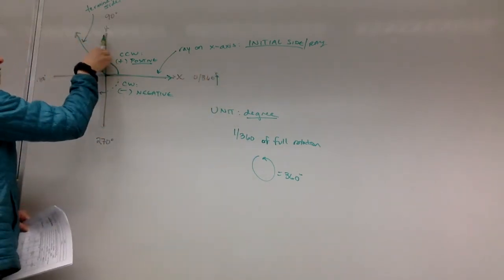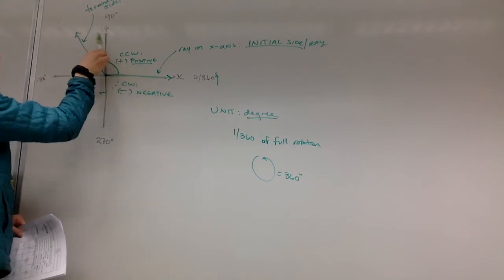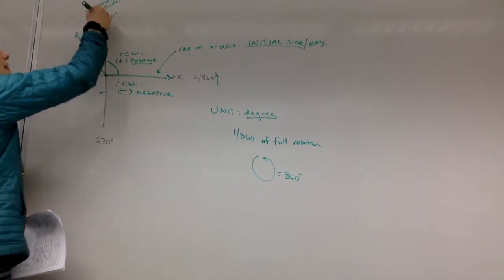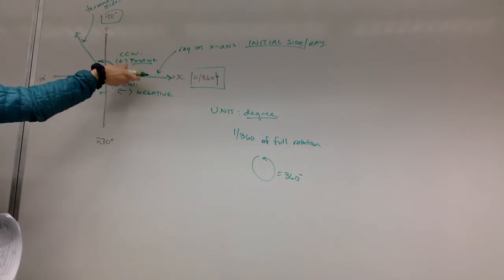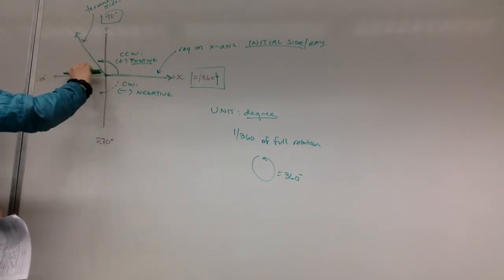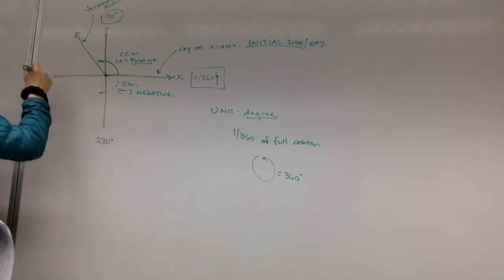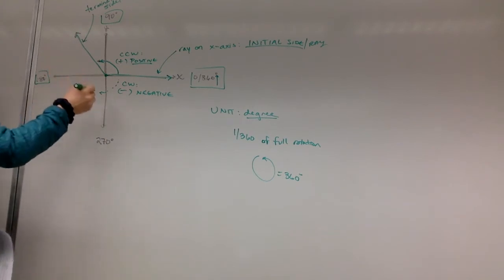If I have my initial ray on my positive x-axis and a terminal ray that's perpendicular to that, that's at 90 degrees. If I do a line that's continuing into the negative x values here, this is 180 degrees, in the opposite direction.